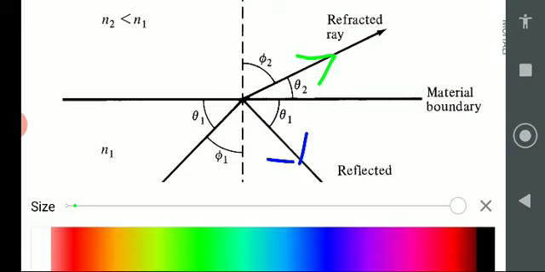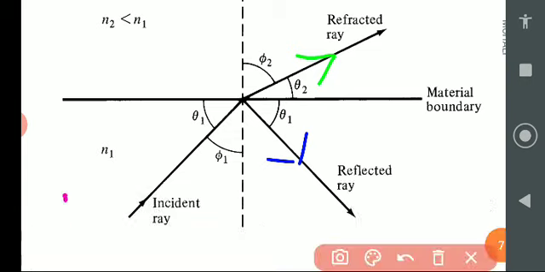So refraction occurs when light goes inside a material having a different refractive index, so slight bending occurs. As shown, the incident light may be converted into reflected light or into refracted light.